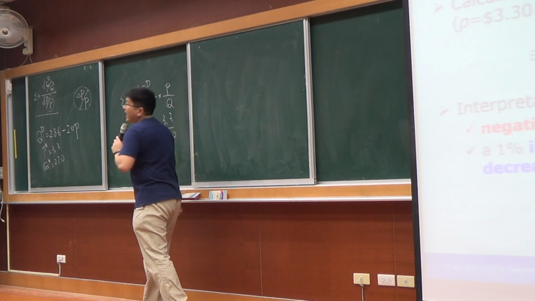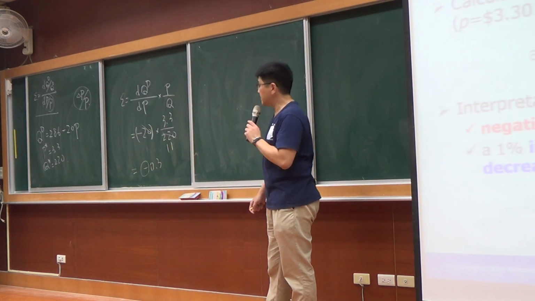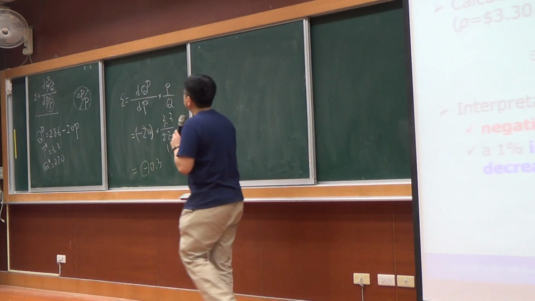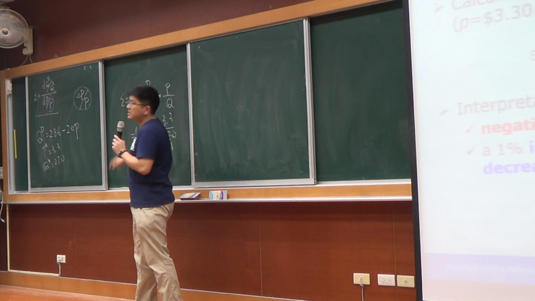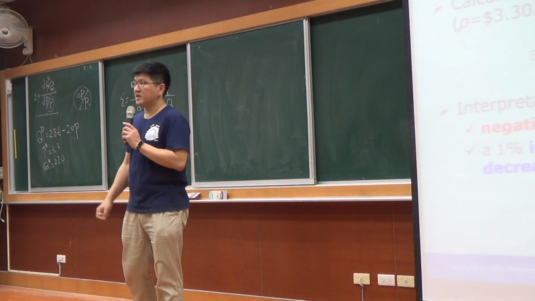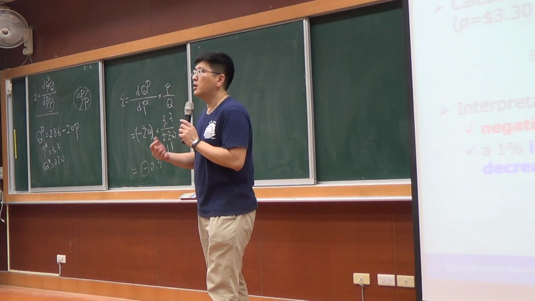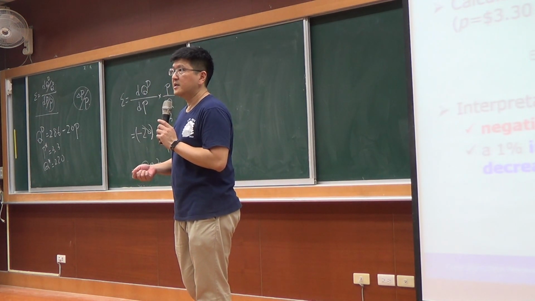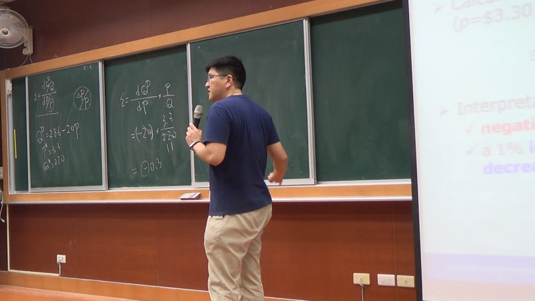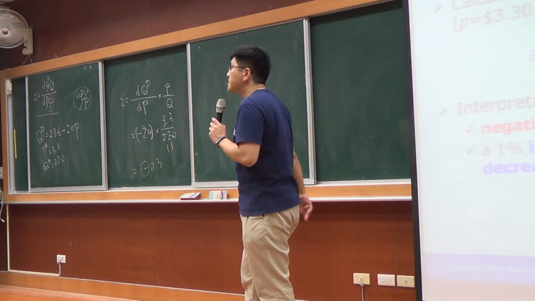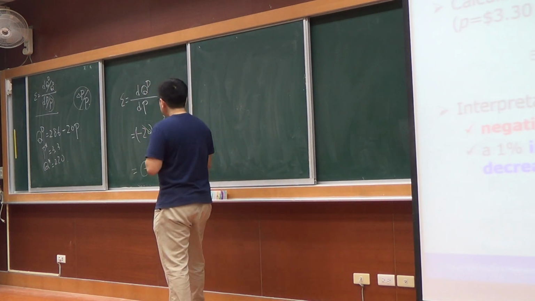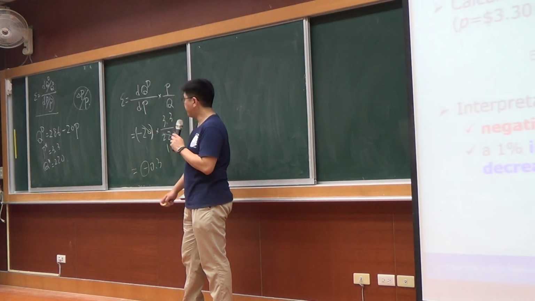The reason why the price elasticity is negative is because the quantity demanded is negatively related to price due to the law of demand. Right? The demand curve is downward sloping. So it's negative.